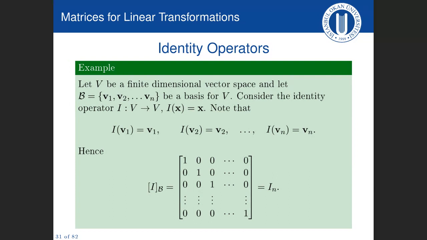And that's true for every single basis that we choose. As long as we use the same basis on the domain and on the target, the matrix for the identity operator will be the identity matrix.